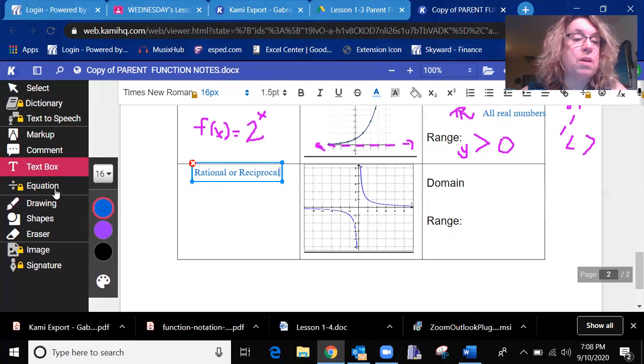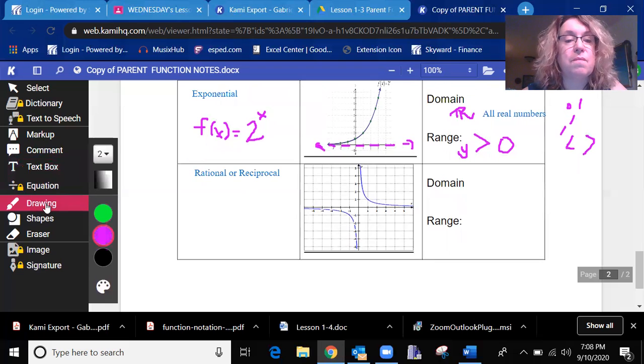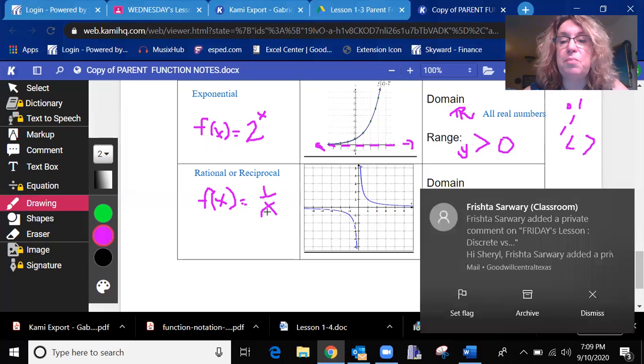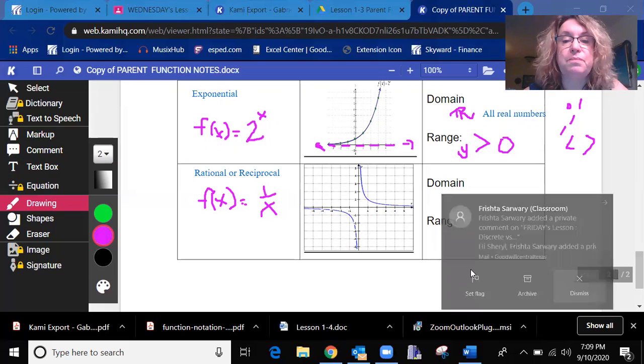And for this one, our function rule is that what we have is a fraction, which are rational numbers. They're called rational numbers. But also when you flip the number, it's a reciprocal.